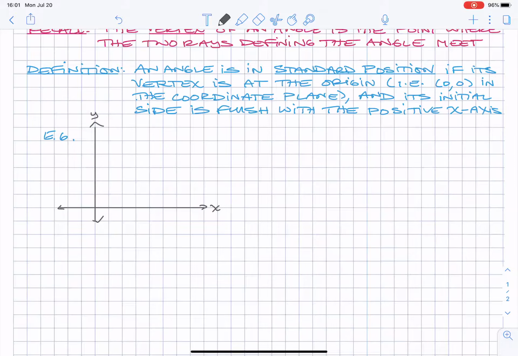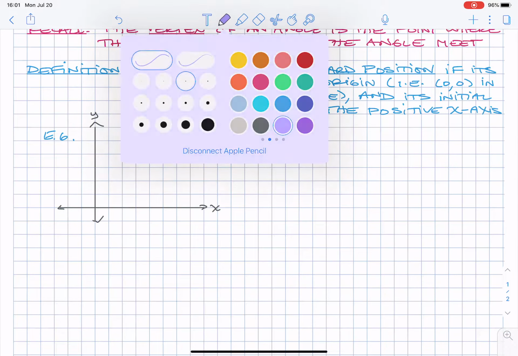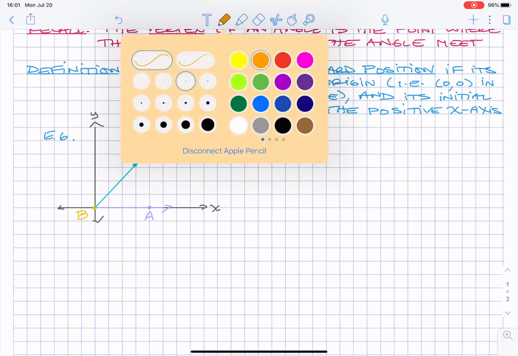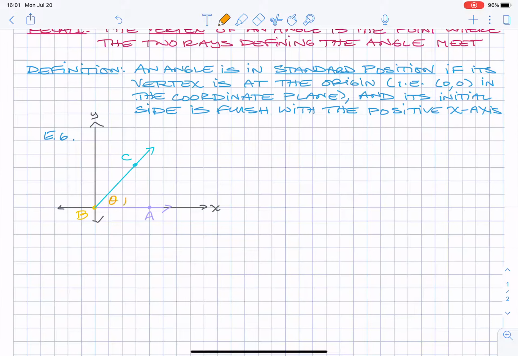So we have the x-axis. What we mean here is if we have a ray in purple, and let's call this point A, and we'll call the origin point B, and then I have another ray going off like so, say through point C. So what I've created is an angle theta here.